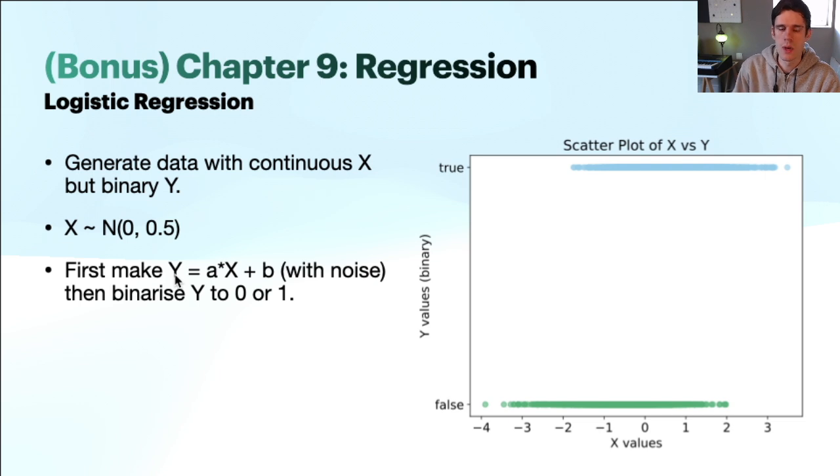So what we then do is we take this intermediate Y dataset and we binarize it. For instance, if this continuous Y is larger than a specific number, we project it onto true, and if it's lower than a specific number, we project it onto false, or 1 and 0. In this way, we have a continuous X and a binarized Y that is nonetheless correlated with this X.